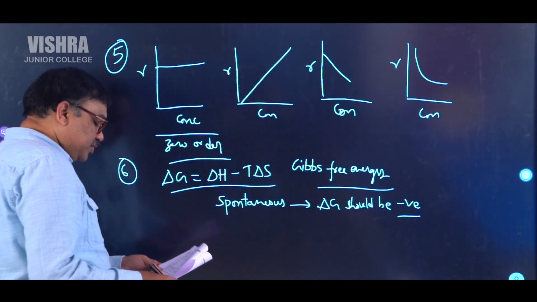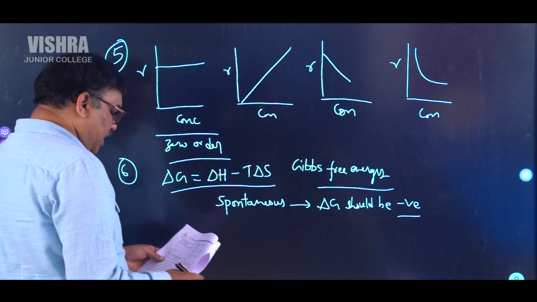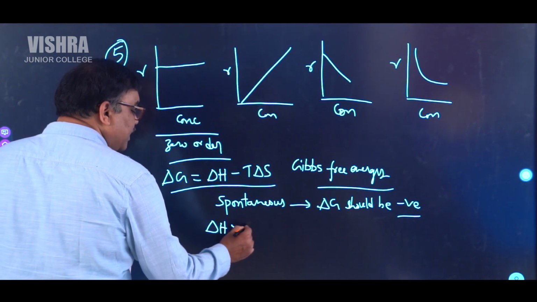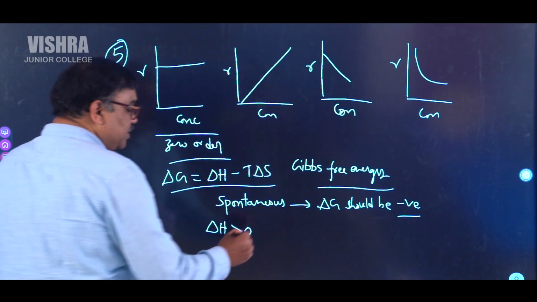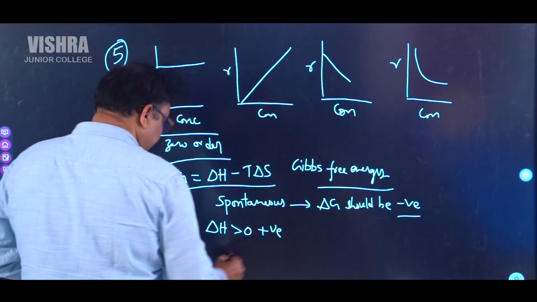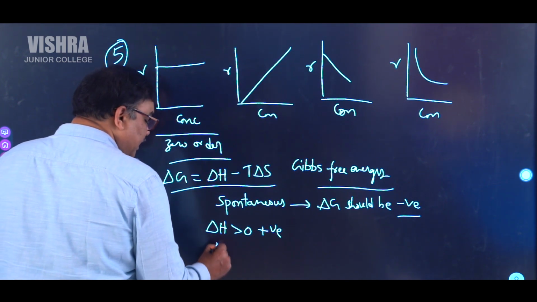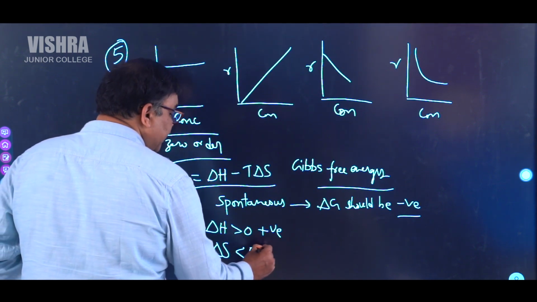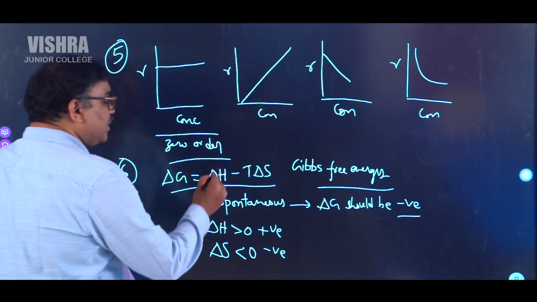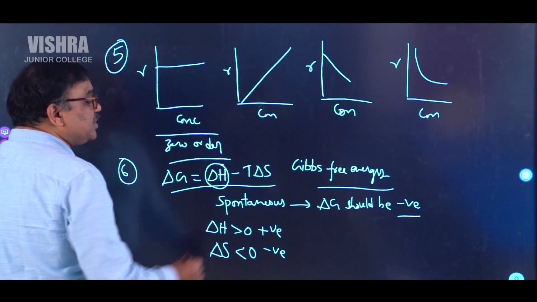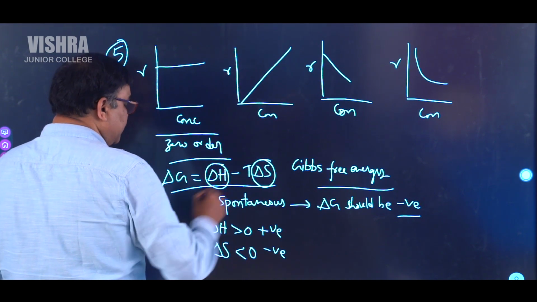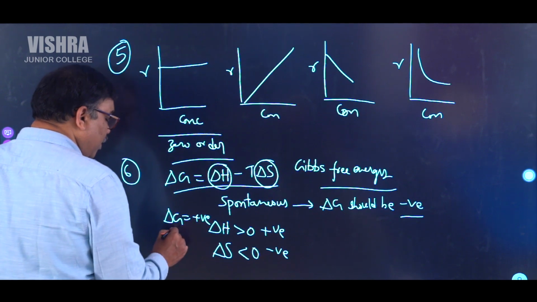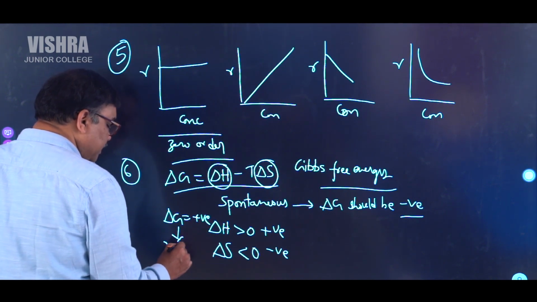So see the option, this one, delta H is greater than 0, so it is positive. And delta S is less than 0, which is negative. So if this part is positive and this part is negative, obviously delta G will be positive, and it is not spontaneous.